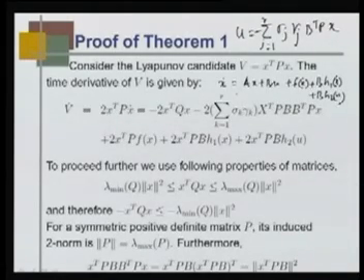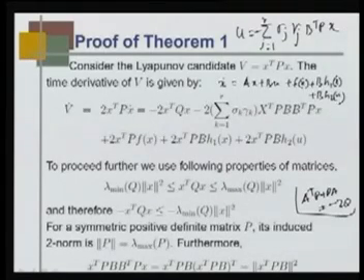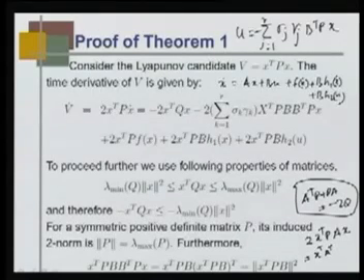We know that A transpose P plus P A is minus 2 Q. So 2 x transpose P A x can be written as x transpose A transpose P plus P A into x, and this quantity is now minus 2 Q.